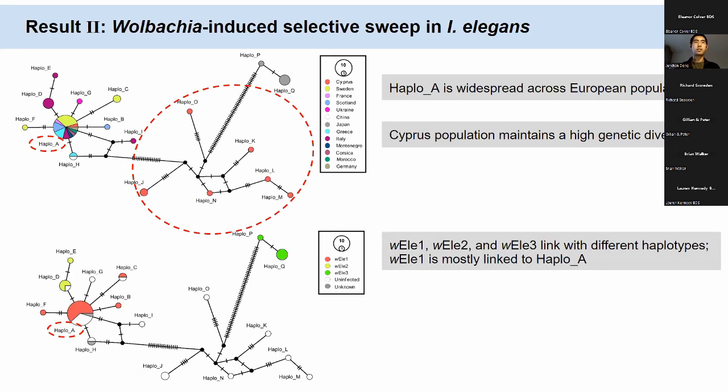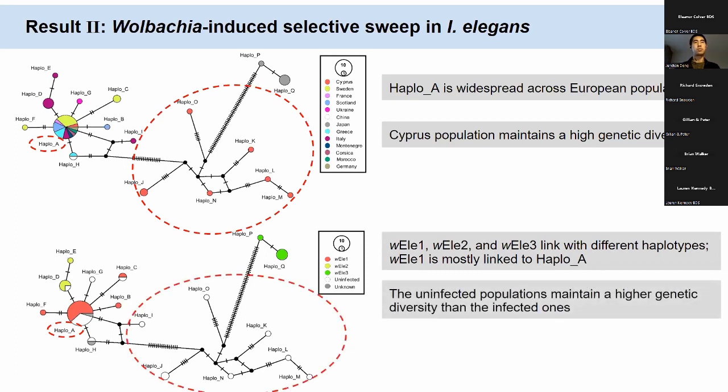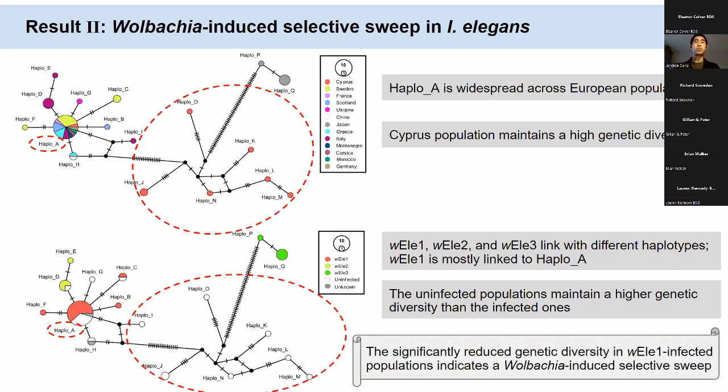But if we look at all those uninfected populations, we see a much higher genetic diversity in those uninfected ones. So this is quite contrasting. The significantly reduced genetic diversity in the wIe1 infected population actually indicates a Wolbachia-induced selective sweep in the Ischnura elegans populations.